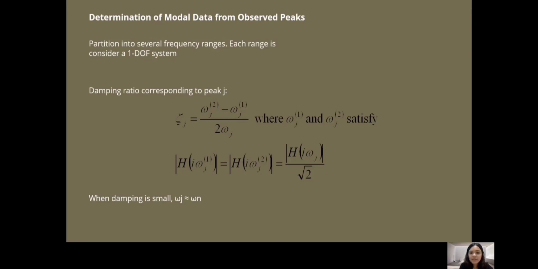In determining the modal data from the observed peaks, partition into several frequency ranges. Each range is considered as one DOF system. So for the damping ratio corresponding to the peak, we have the formula damping ratio is equal to the omega 2i.